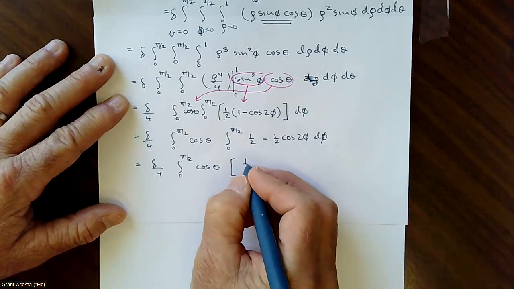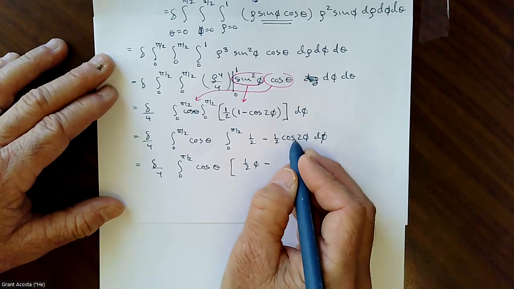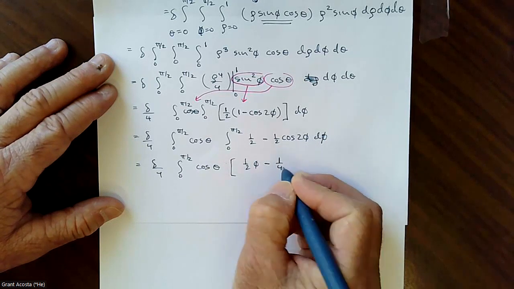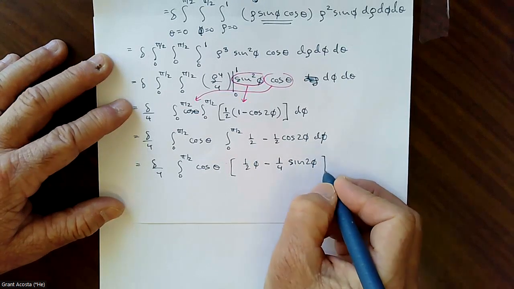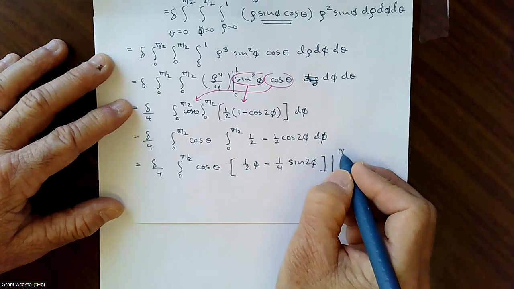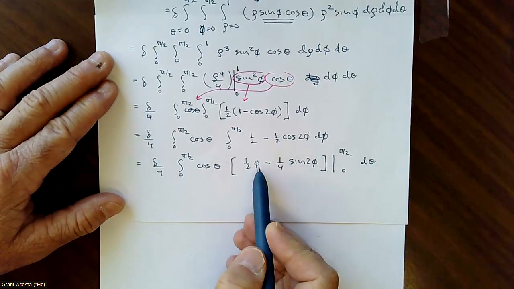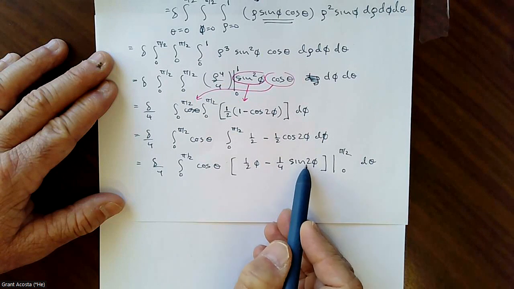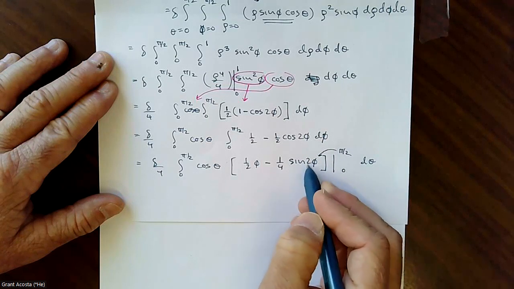Okay, antiderivative: 1/2 phi minus, remember, cosine of 2 phi is going to integrate to sine of 2 phi over 2. There's going to be another over 2, and there's already a 1/2 there. So when all is said and done, it'll be 1/4 sine of 2 phi. So if I plug in pi over 2, this is going to turn into pi over 4 minus, notice when I plug in the pi over 2 here, this is going to turn into pi, and the sine of pi is 0.